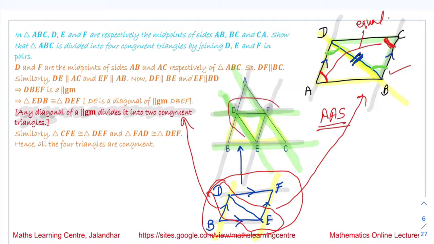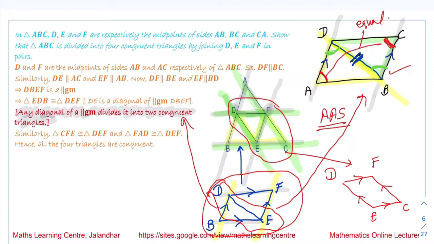So I am talking about this portion, DFCE. In this, these lines are parallel to each other. So if we join these two, we are saying these two triangles are congruent to each other. Similarly, we can prove for the other triangles, and we can see that all these triangles are congruent to each other.